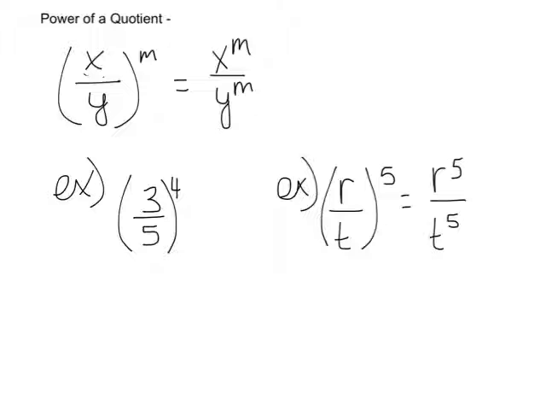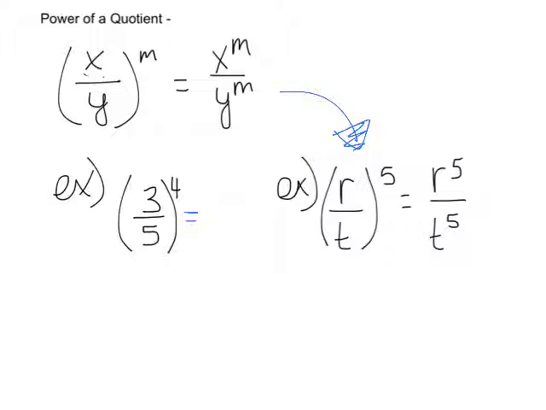When I have a power of a quotient, like x divided by y in parentheses to the power m, I'm actually just going to get x to the m over y to the m. And if you take a look at this example, you see that my 5 just distributed to each one.